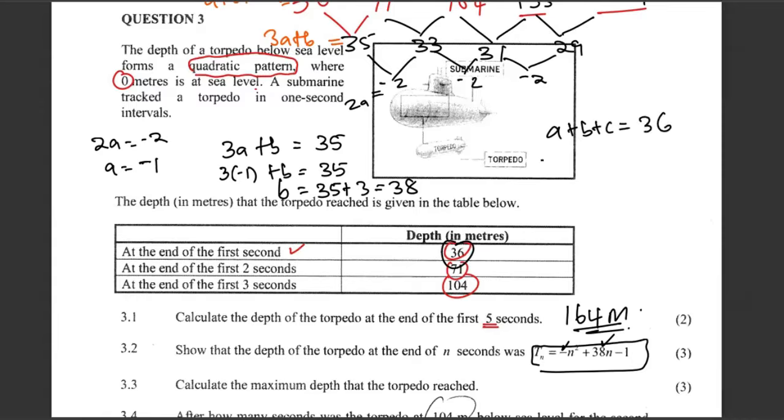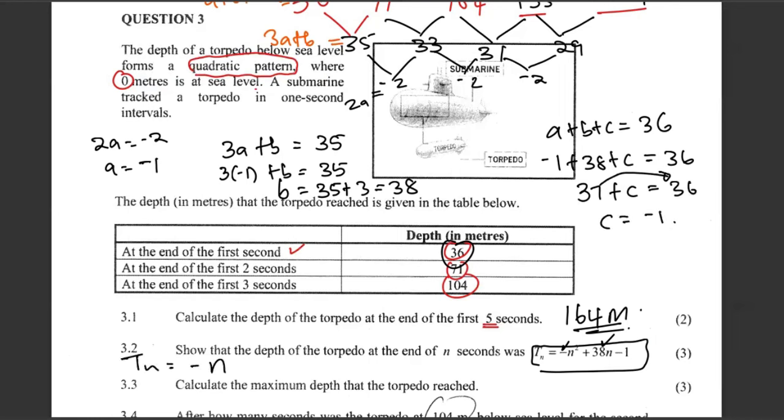So if your a is negative 1, your b is 38, plus c gives us 36. When you simplify this, it's going to be 37 plus c is 36. Move the 37 that side. c becomes negative 1, meaning that the Tn is indeed negative n squared plus 38n minus 1.